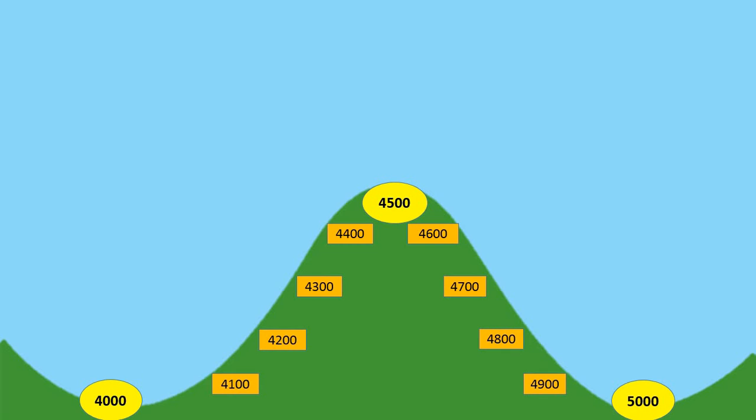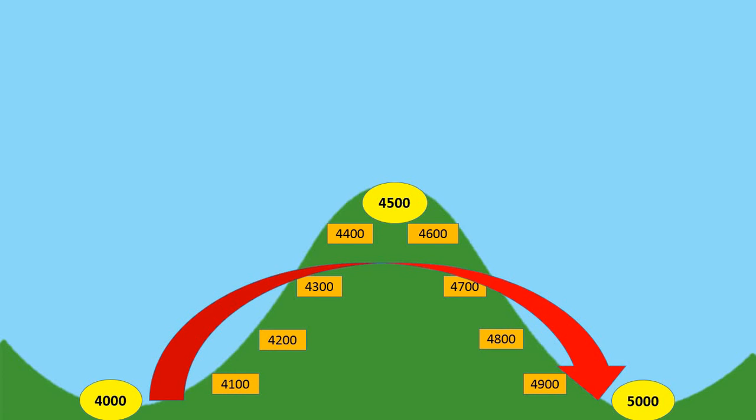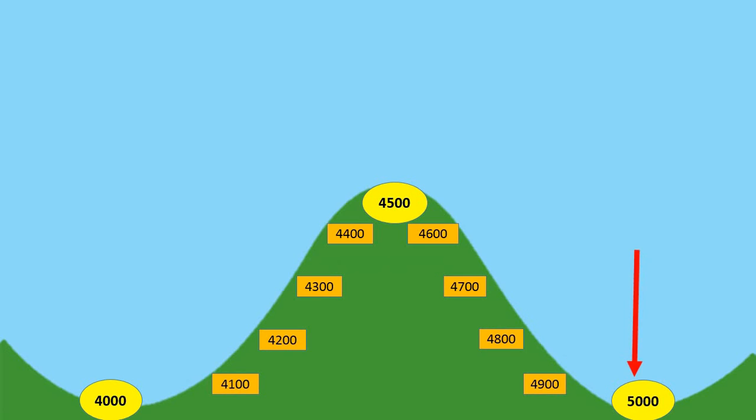Well done! It lies between 4000 and 5000. Since 4000 is the lower thousand, we will write it in the valley on the left side. And 5000 is the upper thousand, so we will write it in the valley on the right side.